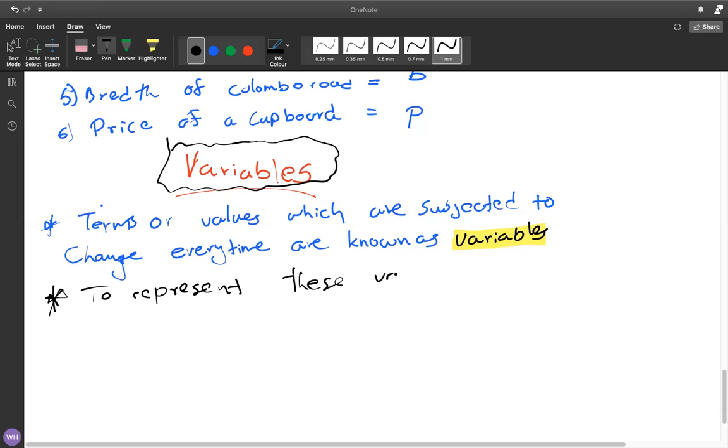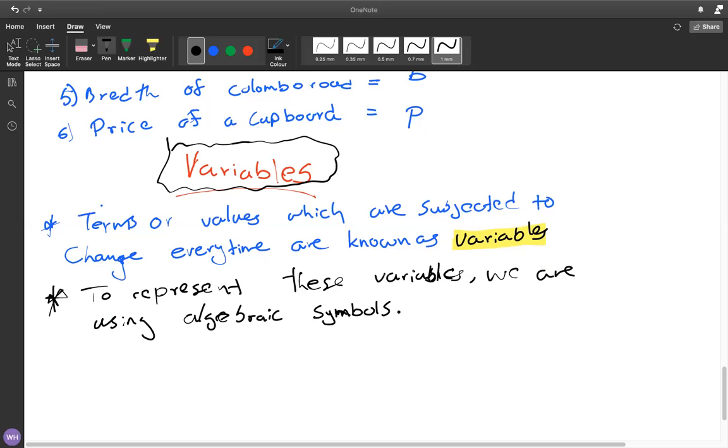To represent these variables, we are using algebraic symbols.